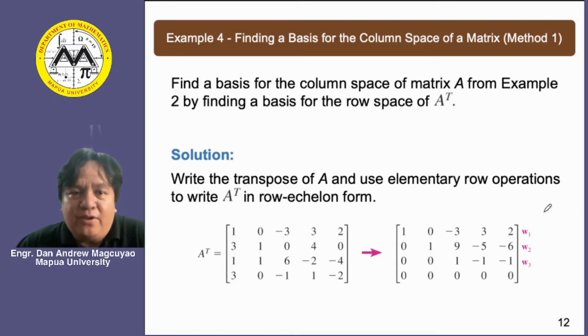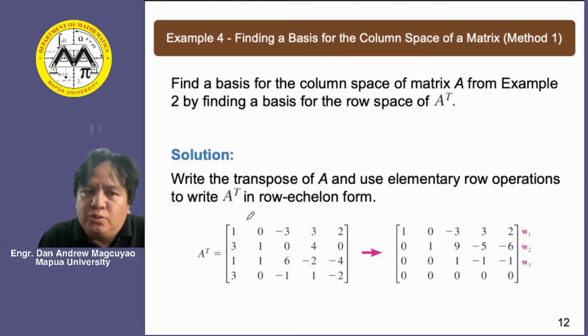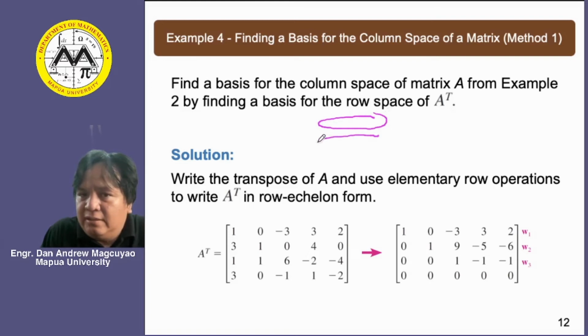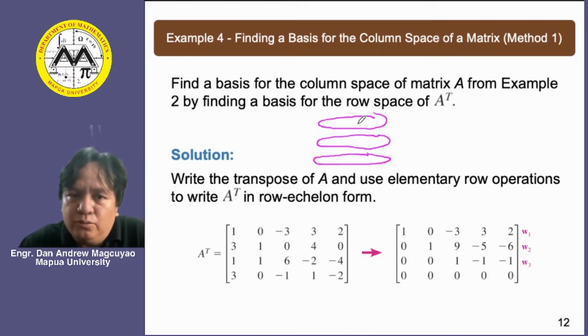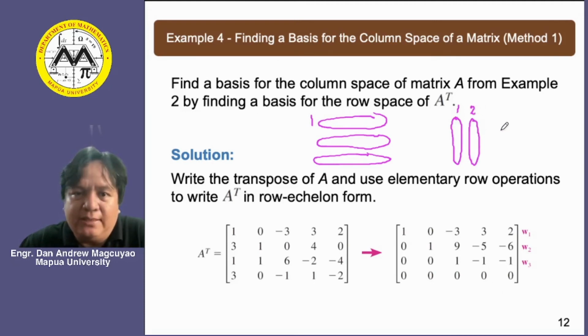Find the basis for the column space of matrix A from example 2 by finding a basis for the row space of A transpose. Meaning, what we are going to do is transpose A, because the vectors are written horizontally. So if this is your vector 1, you want to write it vertically as a column. So we transpose the row space to get the column space.